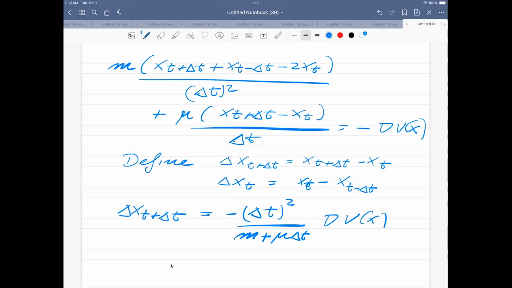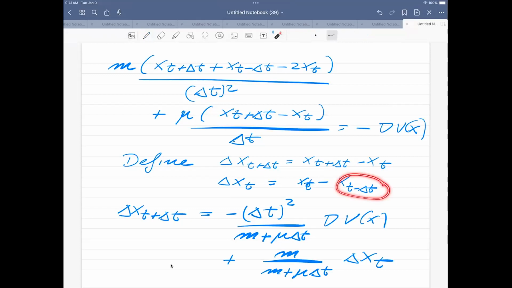And then I have plus this m divided by m plus mu of delta t. This is just a rewrite of my equations. But pay attention now that this delta x of t contains now an information about a step before. And this is the whole thing with this momentum here.